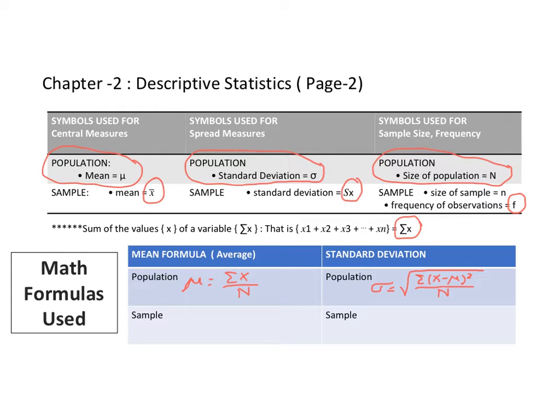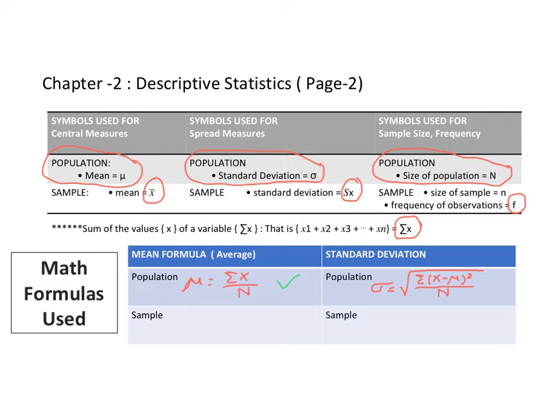For the population, we have mu is equal to the sum of all the x's in the population divided by the capital N, which is the population size.